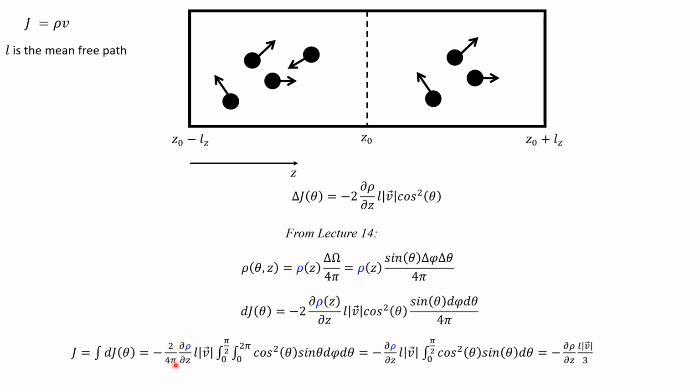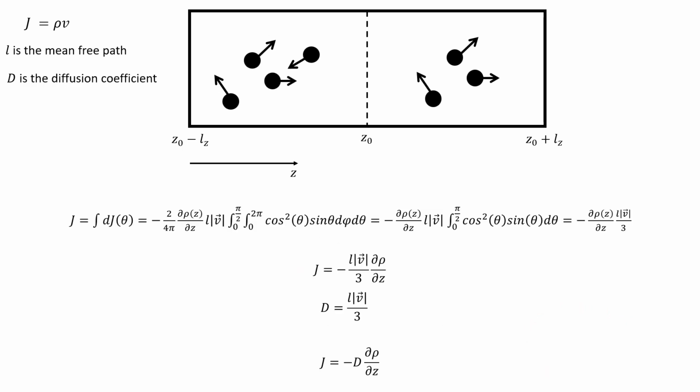So it's going to cancel with this 4 pi, and we end up with this expression. So it's an integral only over theta. It's not difficult. You can solve it by yourself or look at the table, and you're going to find that the result is 1 over 3. So we end up with this expression for the total current. Okay, so we now have an expression for the diffusion current, and it is proportional to the derivative of the concentration.